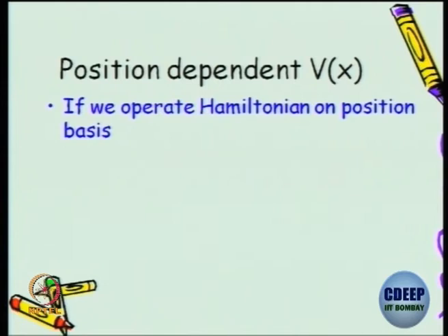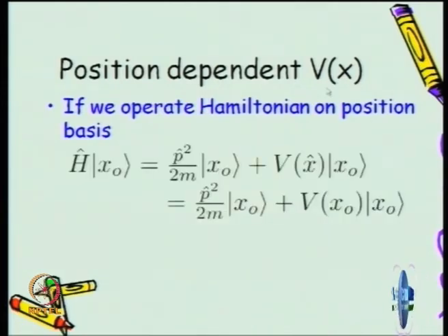If we operate the Hamiltonian on the position basis, suppose we have potential energies which depend only on position, which is what we see in the harmonic oscillator, and we operate it on a position basis state, let's take an x0 state. Then we don't know what the p hat operator on x0 gives, but we definitely know that V, which depends on the position operator, will pull out the eigenvalue, which is again a function.